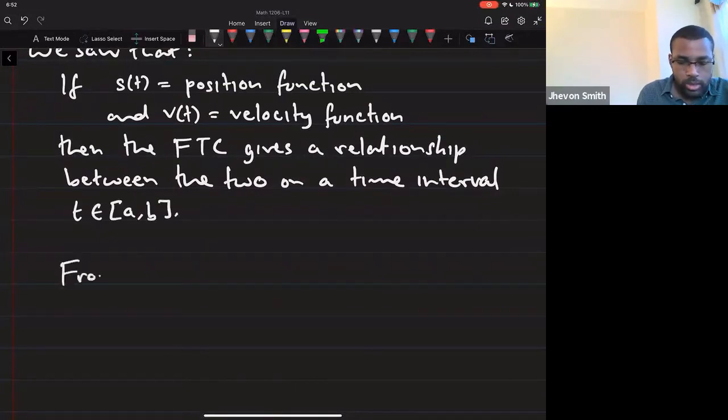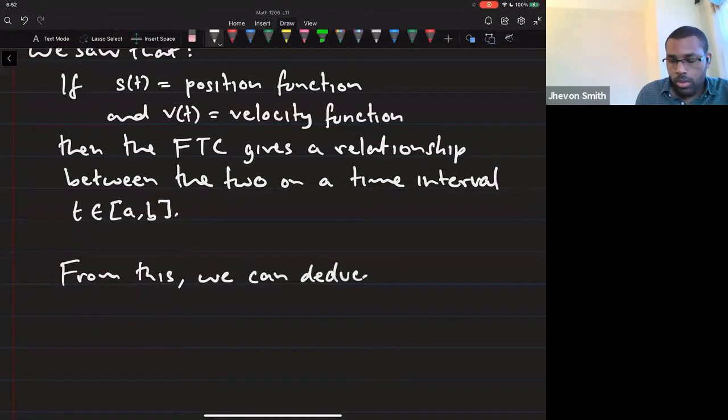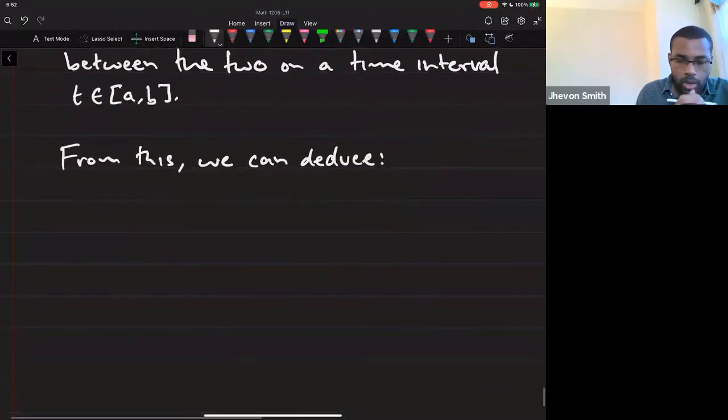From this, we can deduce distance traveled and displacement. Let's do displacement first.